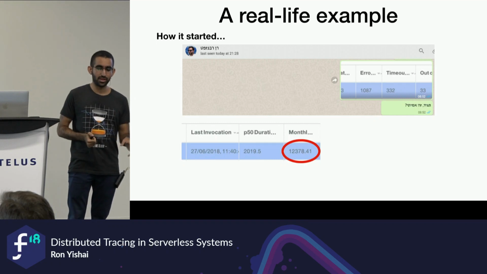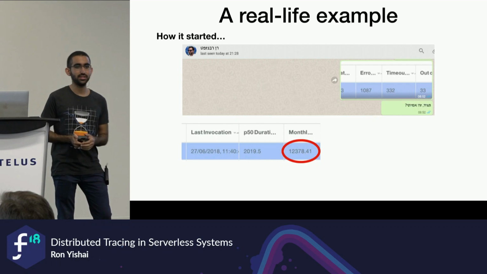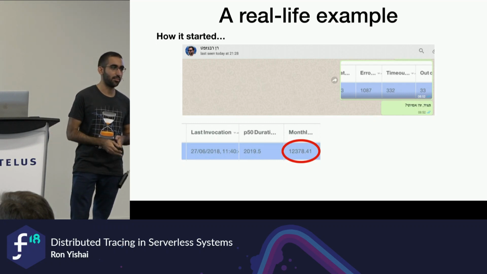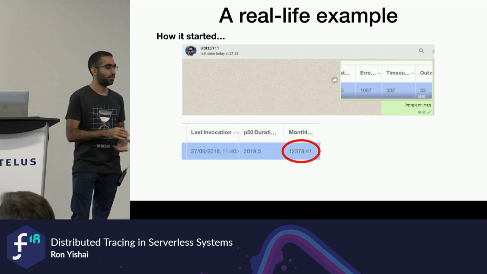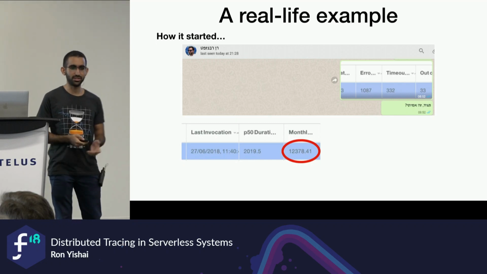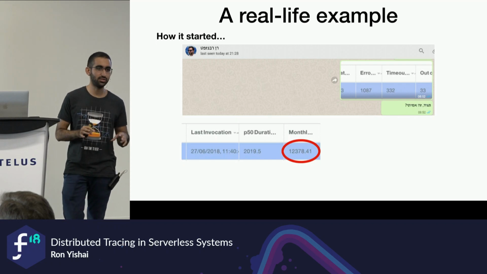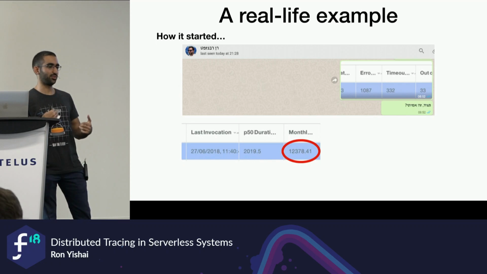And what you can see here is a screenshot from our product with a single Lambda function with an estimated monthly cost of about $12,000, which at that moment was much higher than our whole AWS bill, and we didn't understand what was going on.